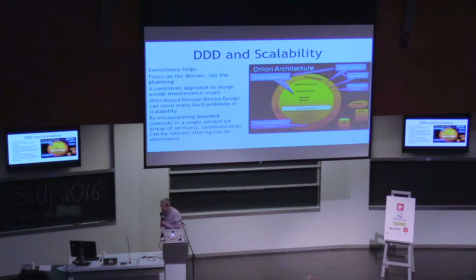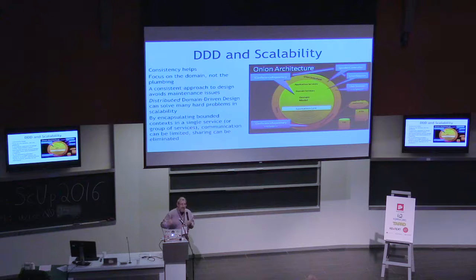When you're designing scalable services, consistency is critical. Consistency is often driven by starting with some design principles. I would highly recommend having a read about domain-driven design and distributed domain-driven design, which is a related technique. It is not directly related to scalability in the sense that you can build a system that's highly scalable that has no coherent design from a DDD point of view at all, no ubiquitous language, none of those.